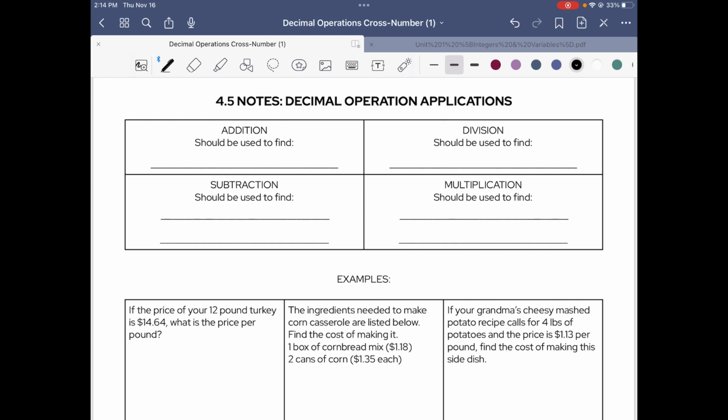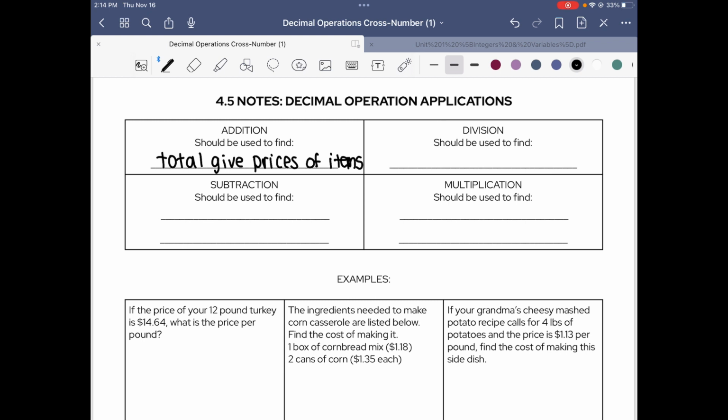So, for addition, most of the time we will use it to find the total given prices of items. So if you're going to go to the store and buy 3 different items, you would add the price of each item to find your total.